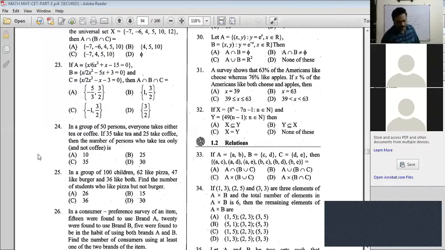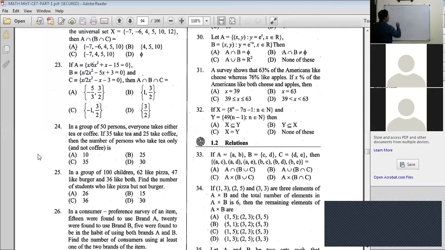So total 100 children are there. That is the number of children in the universal set is 100. But out of these 100, some students may not like either. So out of that, 62 like pizza, called N of P, which is 62.